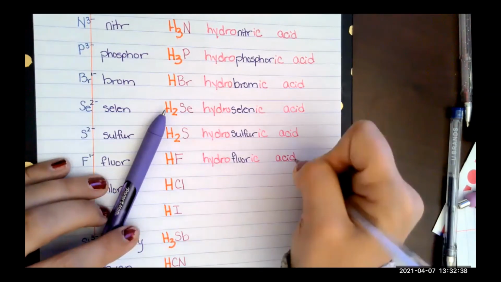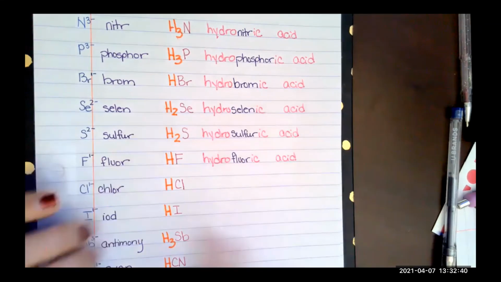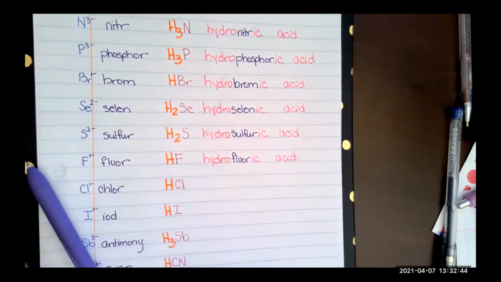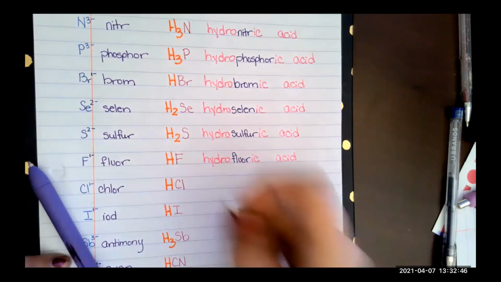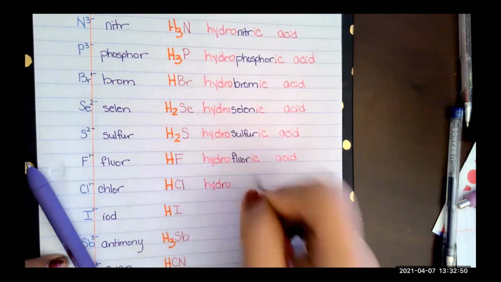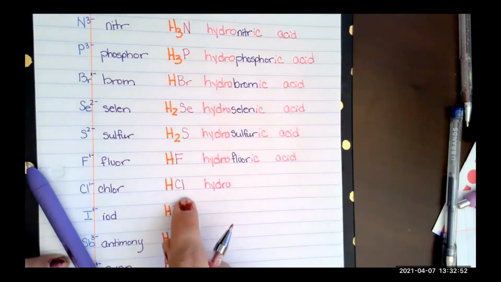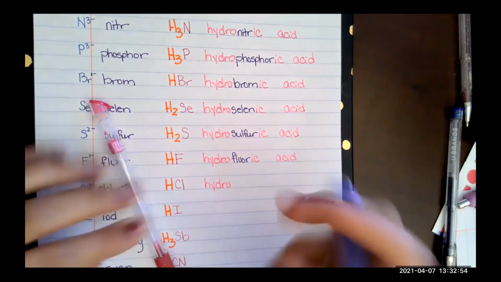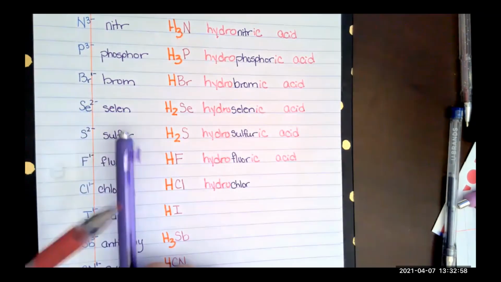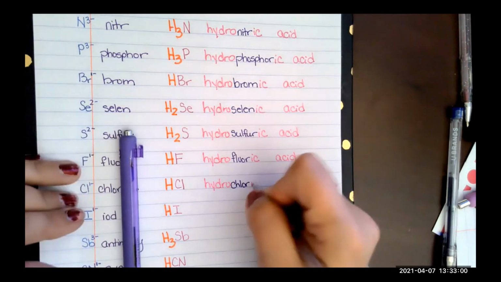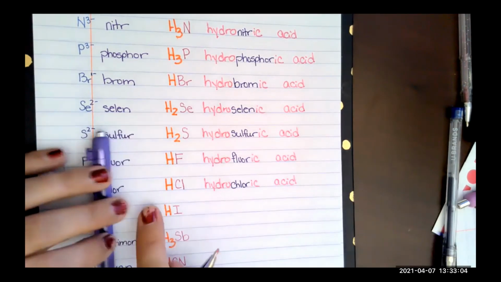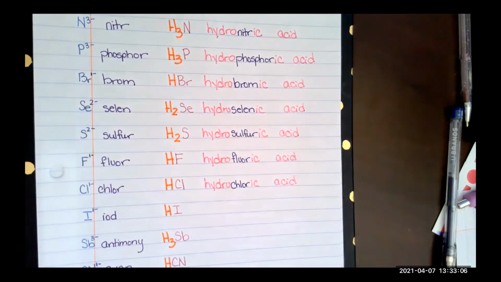Okay, HCl, again, no oxygen, it's hydrogen and an element, it's a binary acid. I start all binary acids with the prefix hydro. Cl is my element, the root of Cl is chlor. I end my word with ic, and I write the word acid, hydrochloric acid.